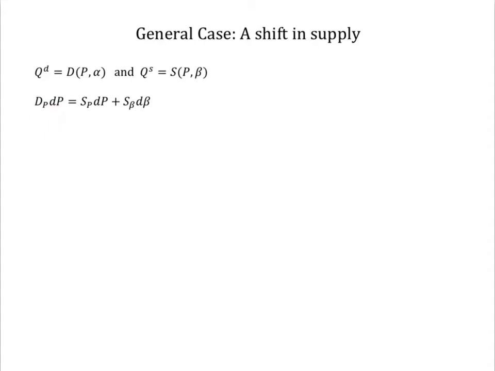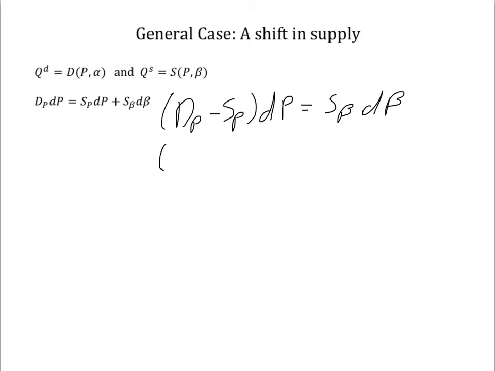Our goal is to find the change in price needed to restore equilibrium. That is, we want to solve the total differential for dP. So I need to collect terms. D sub p minus s sub p dP is equal to s sub beta d beta. I'm going to multiply both sides by negative 1 to reverse the order.